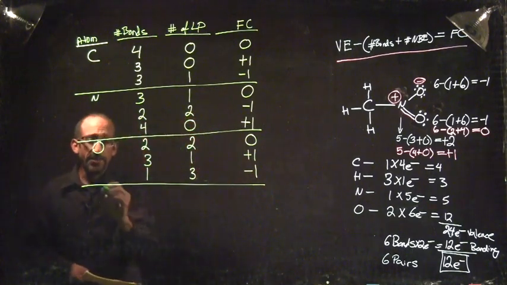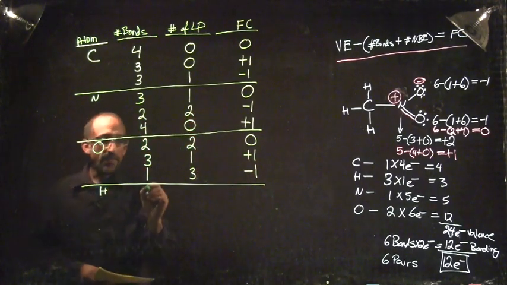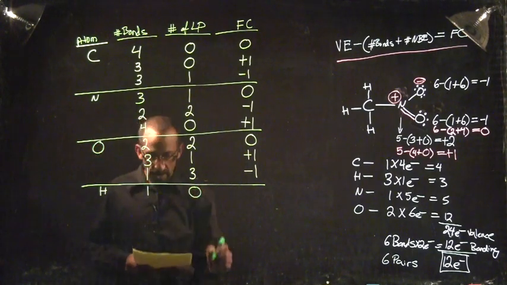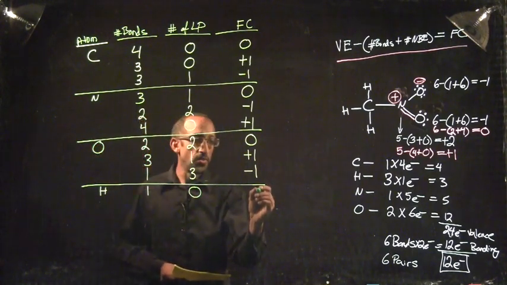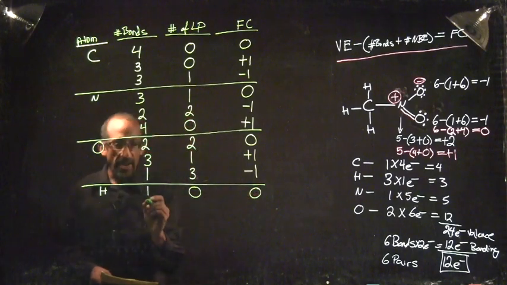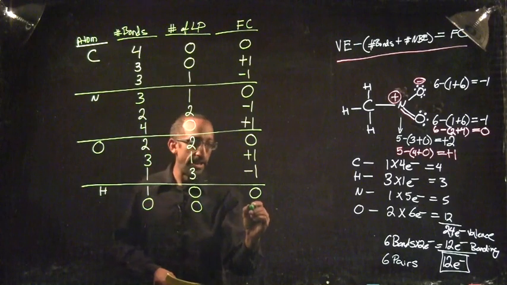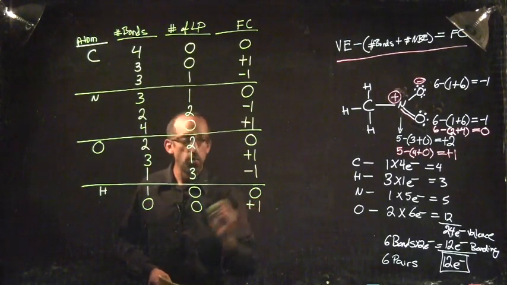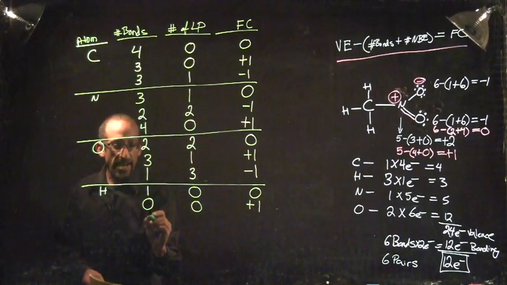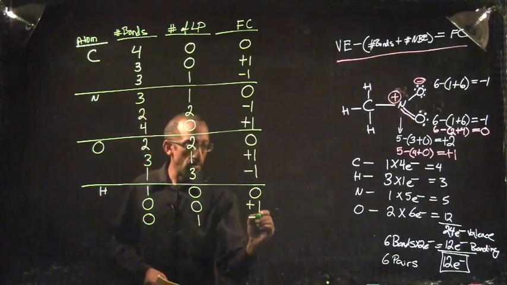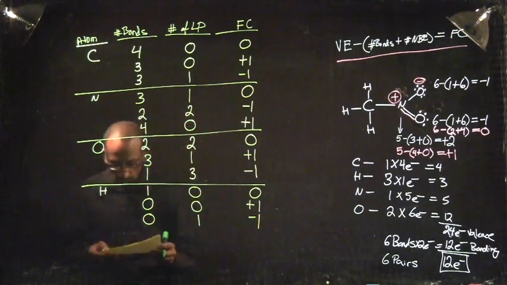For hydrogen, if I have 1 bond to hydrogen, 0 lone pairs, my formal charge will be 0. If I have no bonds to hydrogen, no lone pairs on it, my formal charge is plus 1. And finally, if I have no bonds to hydrogen and 1 lone pair, my formal charge will be negative 1.